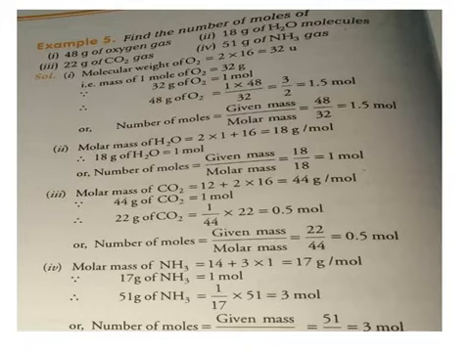So the given mass is already given there in the problem, 48, and the molar mass of each of these you have to calculate. So for the first one, oxygen, it can be calculated as 32. So 48 by 32 is equal to 1.5 moles.